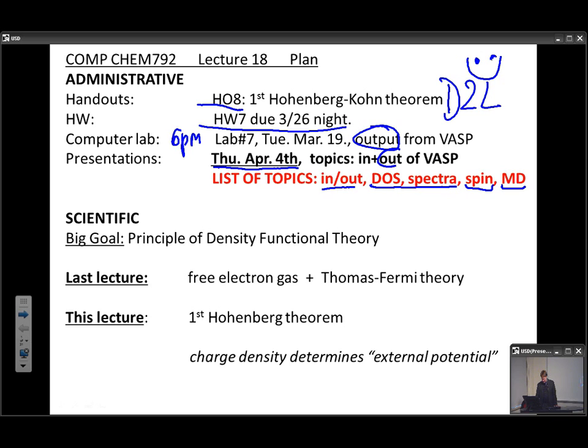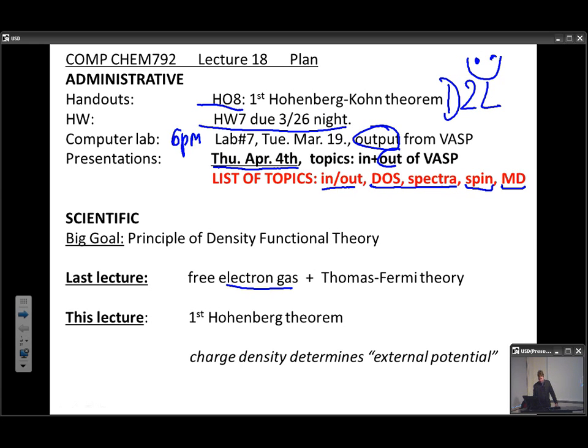So last time we were talking about electron gas, where electrons don't experience much interaction with ions, some strange universe that doesn't have any nuclei, any ions.